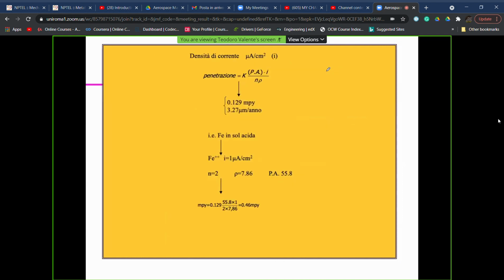Then, to add, since we have also, as we have said, the explanation of corrosion as an electrochemically based phenomenon, with ions which are going into solution and electrons which are left and then consumed on the cathode, we cannot be surprised if with the same approach we have the possibility to use as another unit of measurement of the corrosion rate the current density, which is usually given in this form, microampere per square centimeter, because we do not have very, very high density.